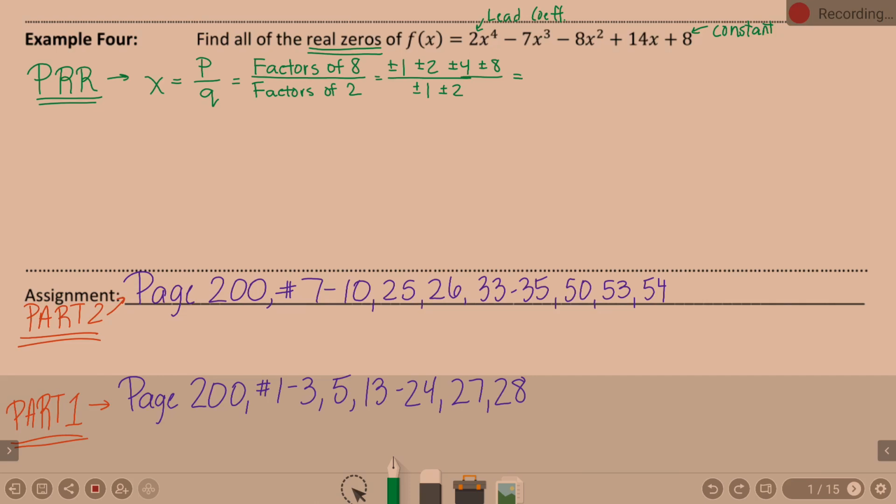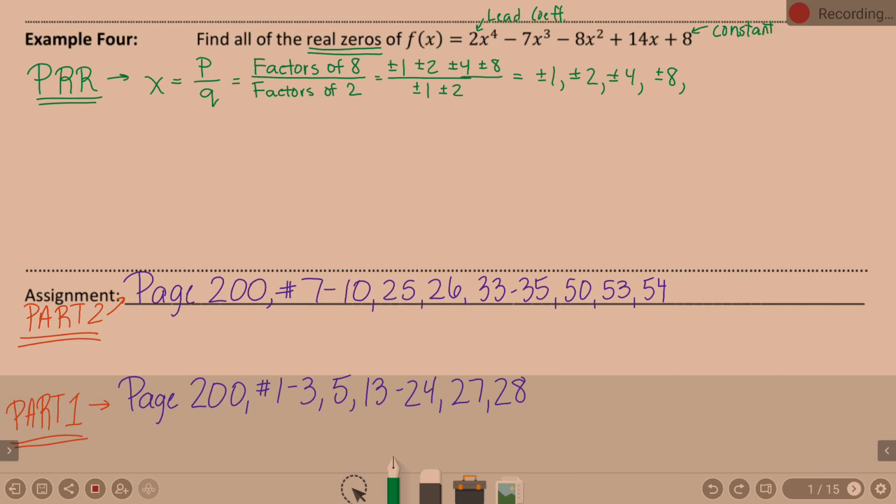Now, we're going to use this farther, but my recommendation is always to figure out what my different possible rational roots are. So I'm going to start by putting everything over 1. 1 over 1 is plus or minus 1, 2 over 1 is 2, 4 over 1 is 4, 8 over 1 is 8.